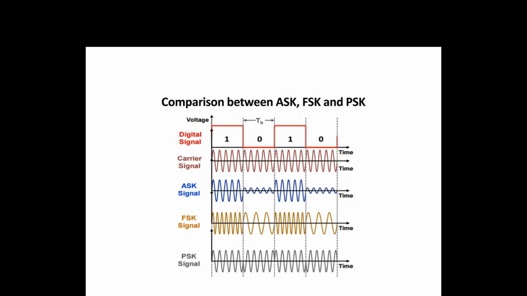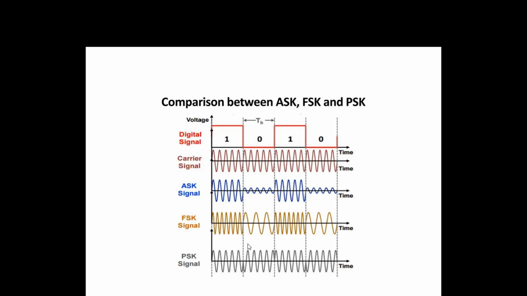In the case of frequency shift keying, FSK, the frequency of the carrier signal varies. The amplitude and phase of the carrier remain constant.